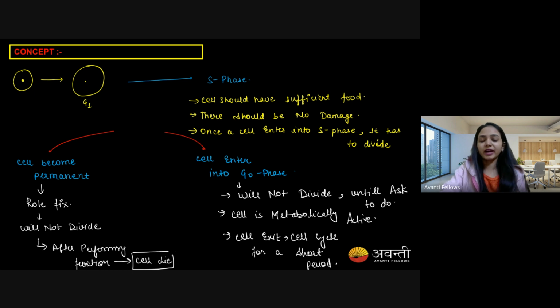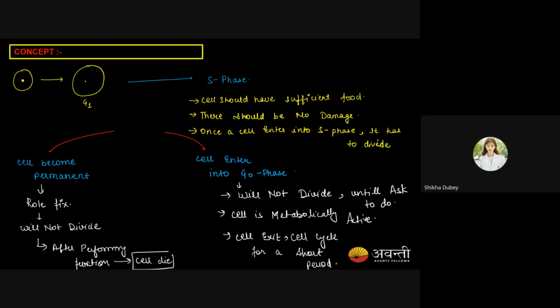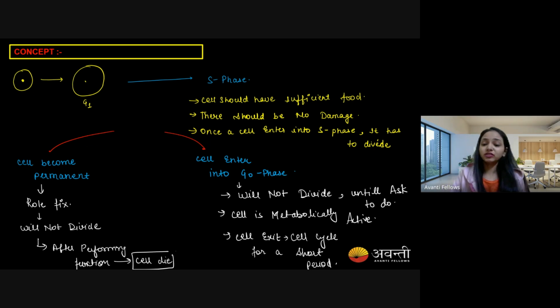But the cell can divide again if we ask it to divide. Clear? In which case will the cell enter into G0 phase? And G0 phase is also known as quiescent phase.